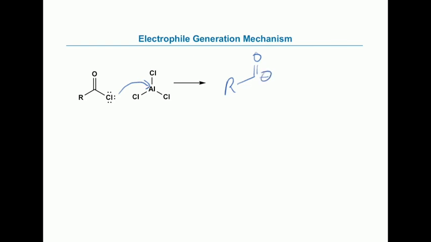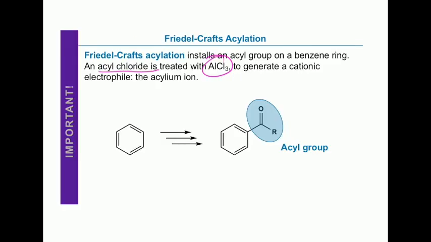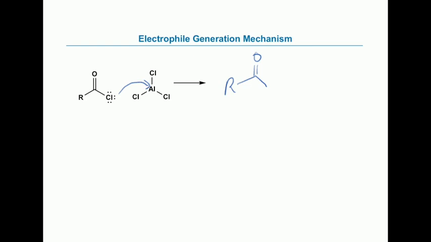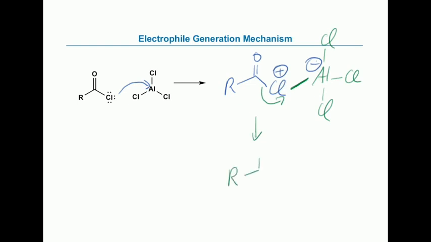If I do this addition, I'm going to draw up my chlorine, my new bond to my aluminum. I'm going to have a positive charge resident here, negative charge on my aluminum. I would then eliminate this to give you R triple bond O plus and your aluminum tetrachloride.